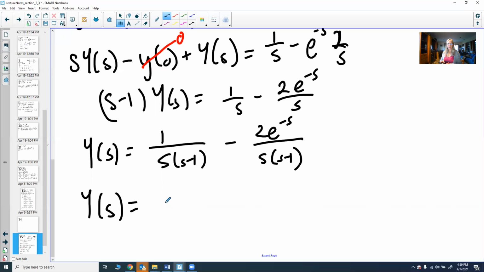To expand this, we have 1 divided by s times s minus 1. And that separates out into 1 over s minus 1 minus 1 over s.